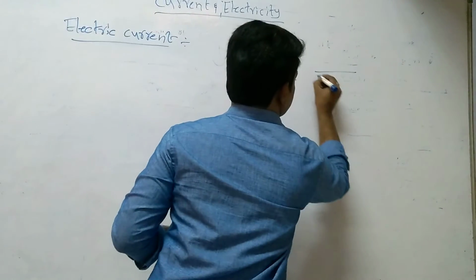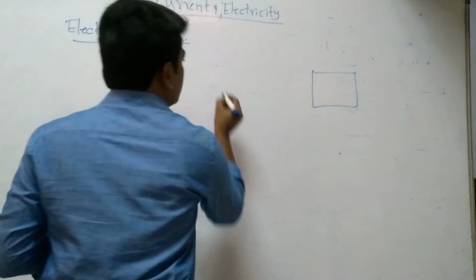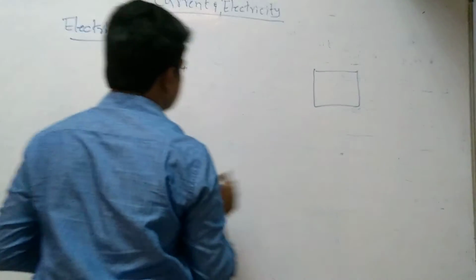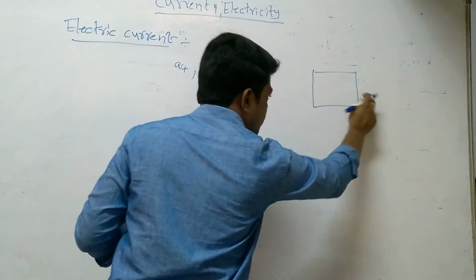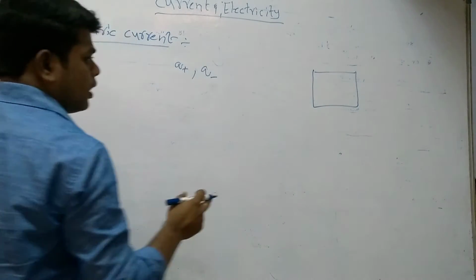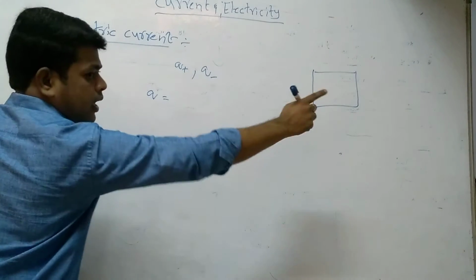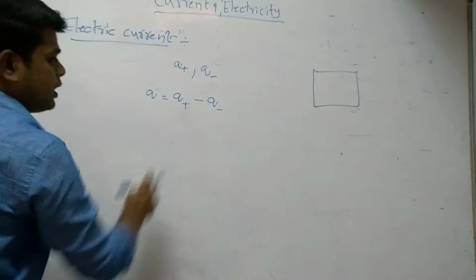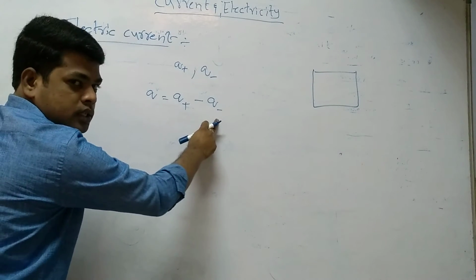In this area, some of the positive charges are moving forward and some of the negative charges are also moving forward. Then the net charge in the area is Q plus minus Q minus. Here Q plus is the positive charges and Q minus is the negative charges. The resultant gives the total charge.